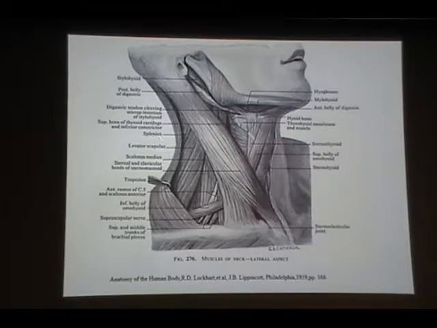It has rami, although a lot of anatomists still call these roots. I do not like that terminology with spinal nerves. But it has rami. The rami come together and form trunks. And then the trunks come together and form divisions. And then the divisions come together and form cords. And then the cords form the main branches that go to most of the lower portion of your upper extremity, from your arm on down to your digits.